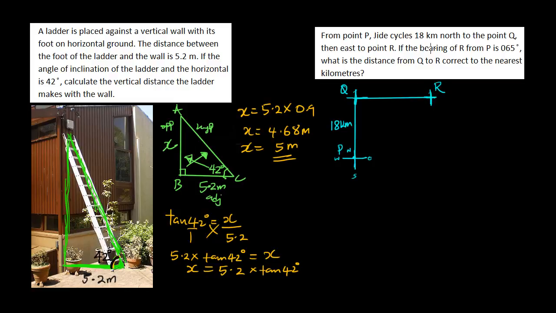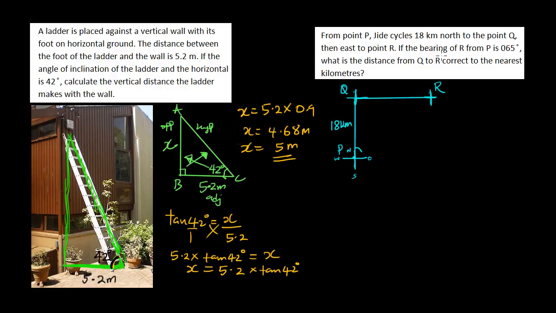It says the bearing of R from P is 065 degrees. Now the bearing of R from P, so we start from P, and take the bearing of R from point P. You know the total angle from north to east is 90 degrees, so 065 is still 65 degrees.